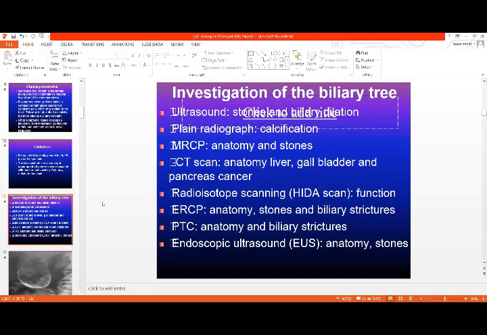Or it's not only diagnostic, it can remove the stone, you can put the stents, you can take a biopsy.